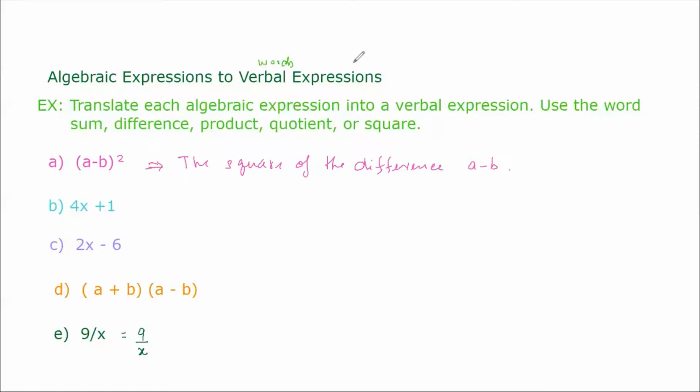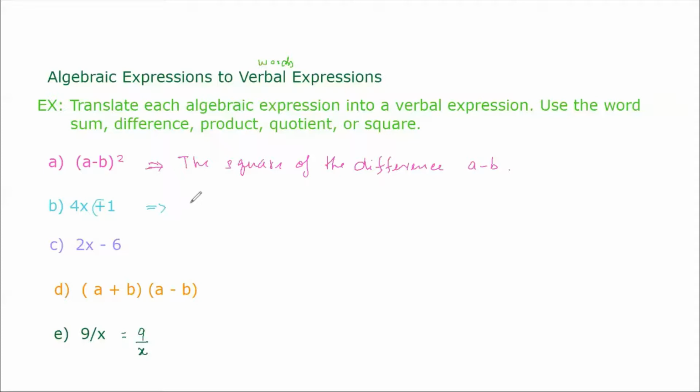Okay, now next one, 4x plus 1. You see which is the last operation to do. We have to apply the 4 times x first, and then we plus 1, right? So plus is the last operation.